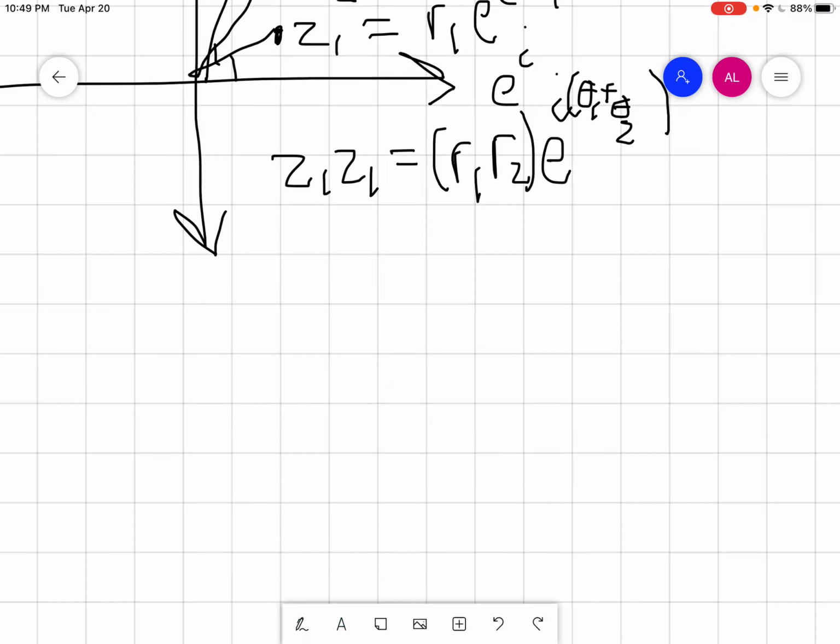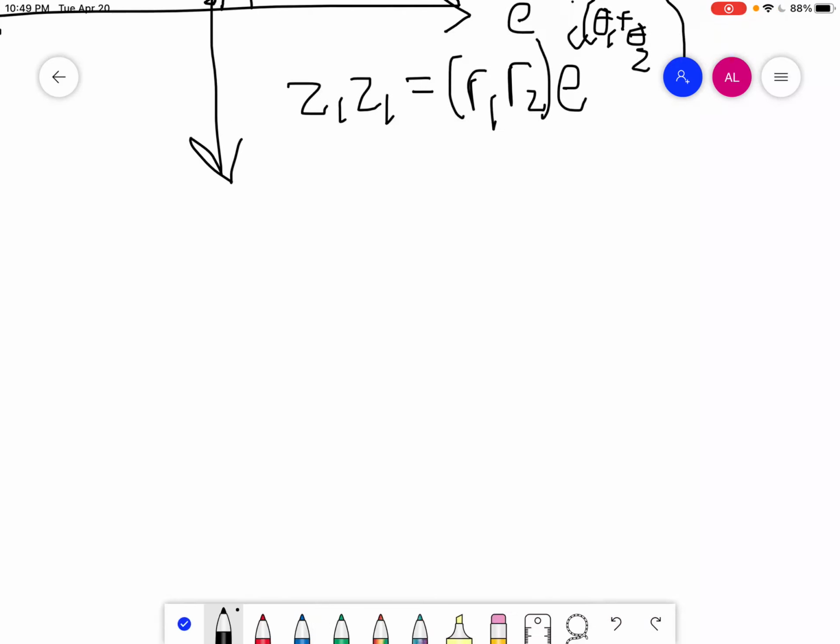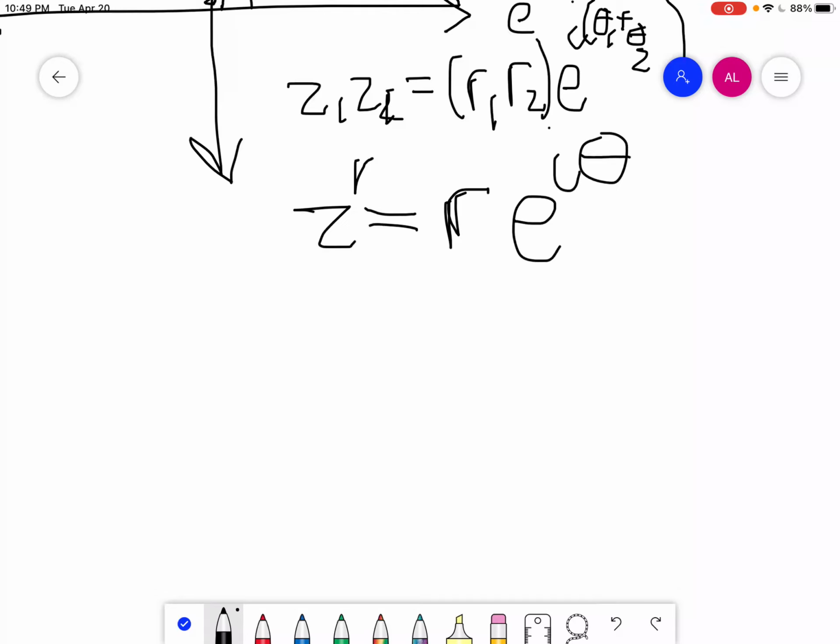So let's look at the exponentiation of a complex number, z. We already know that z can be equal to r times e to the i theta. But what if we want to take z to the nth power, which is an exponentiation of a complex number?